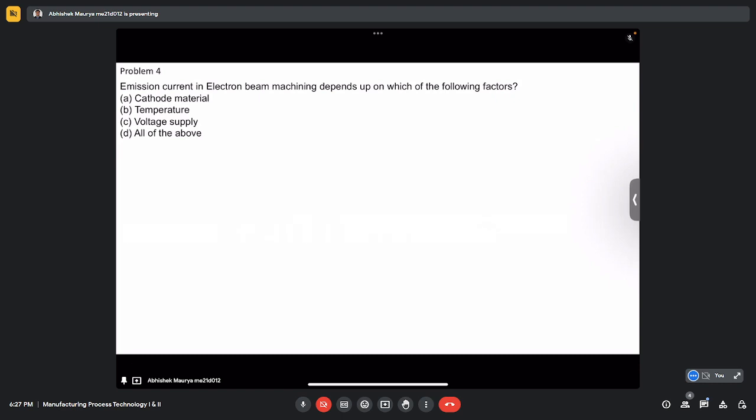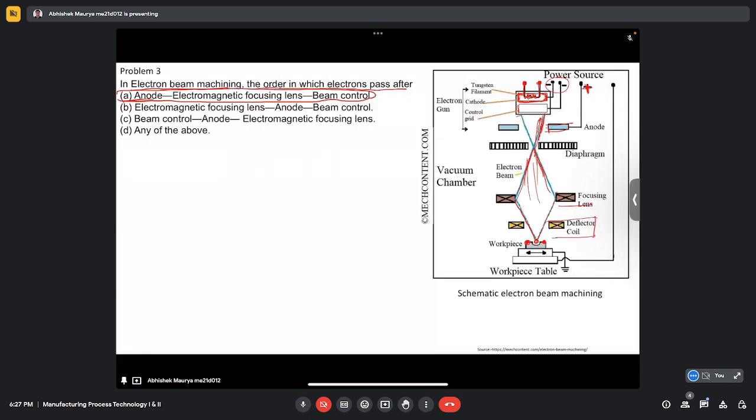So here it has been asked: the emission current in electron beam machining depends upon which of the following factors. As in the previous problem, I have shown that we have a tungsten filament which increases the temperature, and we have a cathode material.